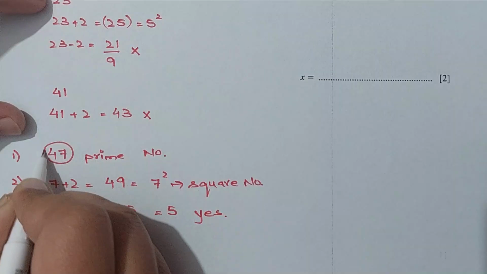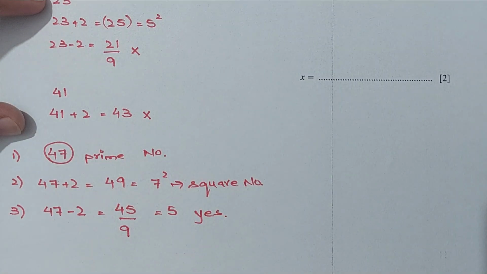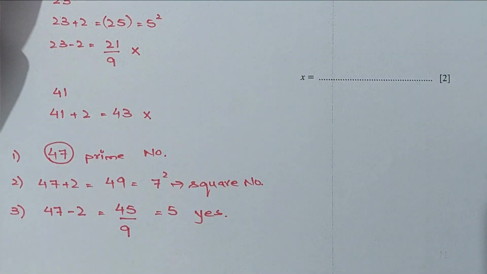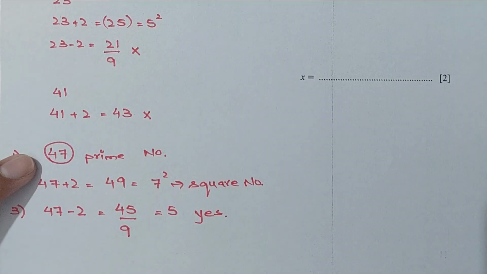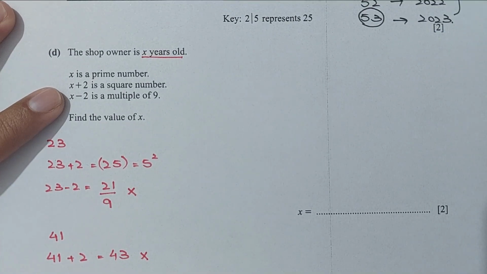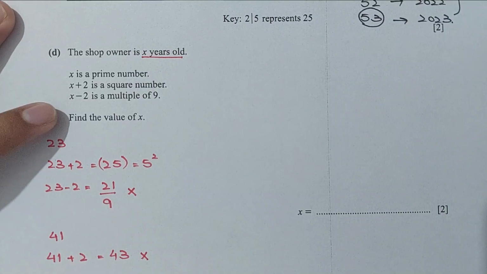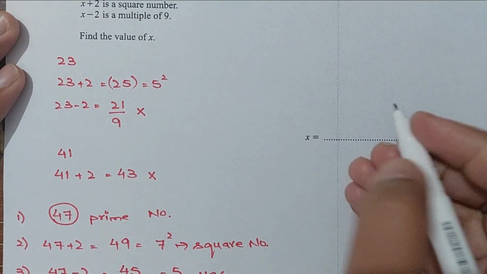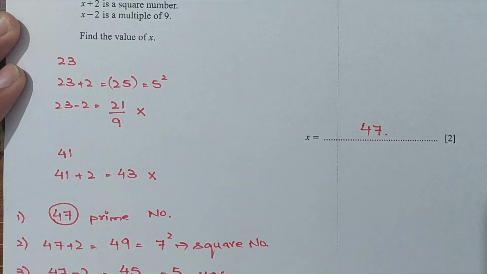So 47 is the age given in the stem and leaf diagram, because you can use these ages for doing part D. It is the prime number which satisfies all three conditions. It must be a prime number. When you add 2, it must be a square number. When you subtract 2, it must be a multiple of 9. Okay, so that number is 47. So the age of the shop owner is 47 years old.